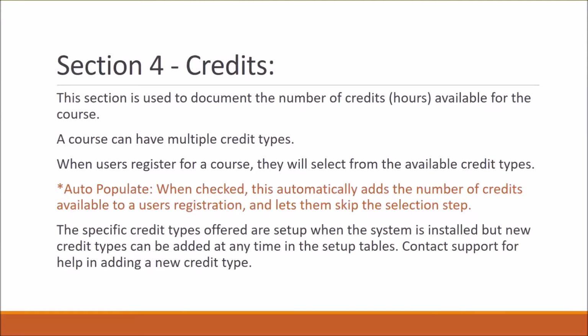Tab 4 is about credits. Normally, we have many districts who just offer a single credit, and that is the clock hour credit, but you can offer various types of credits based upon whether you do training with your classified, and we have some districts who have even additional types of credits based upon their payroll structure.